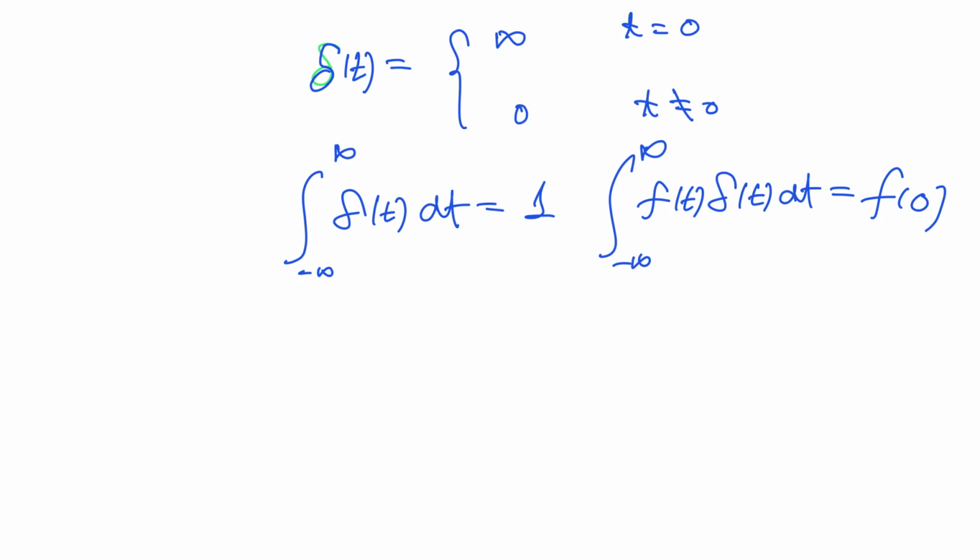The delta function only remains when the argument is 0. So when t is equal to 0, it's infinite, otherwise 0. If we integrate, this is equal to 1.